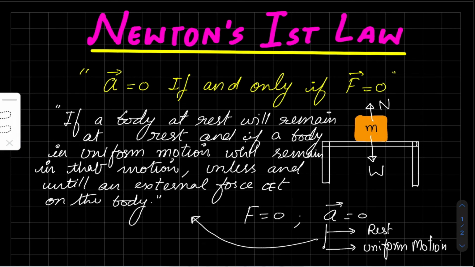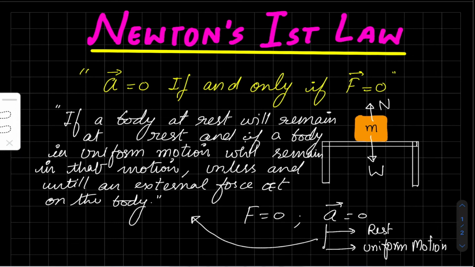All right, but there are a few more things we need to know about Newton's first law. As shown in the diagram, a box is placed on the bench and it has two forces acting on the block. One is in the upward direction, that is the normal reaction, and one is in the downward direction, that is the weight of the block.